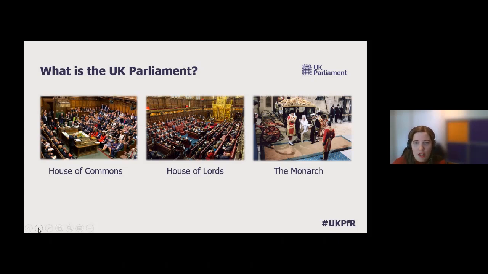The Queen signs off every law that is passed, giving it royal assent. She also opens Parliament each year at a state opening. This happened most recently last week when the Queen opened Parliament and a new parliamentary session started. The Queen's role is mainly ceremonial, and so it won't be a big focus of our session today.